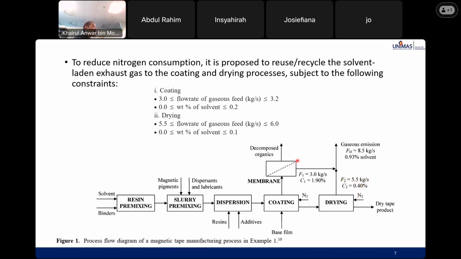So for recycling later, there are two streams here, from the membrane and drying, that can be recycled to nitrogen, but we don't know which one is to be recycled. So later we need to find the pinch point. From the pinch point, you can identify the percentage of the concentration.